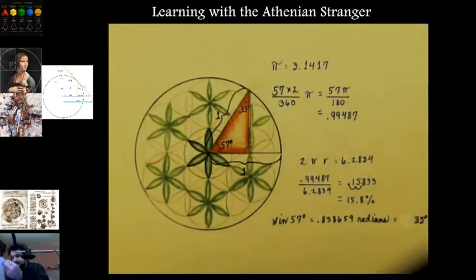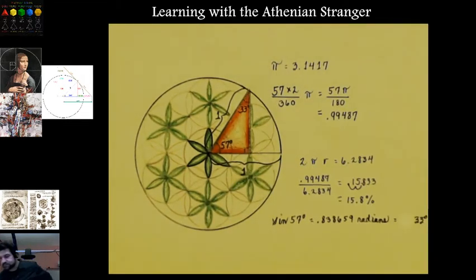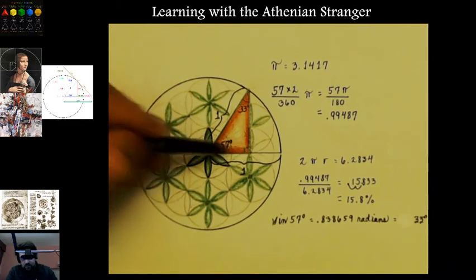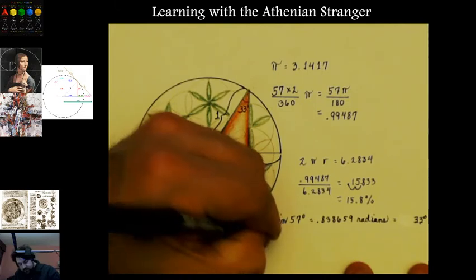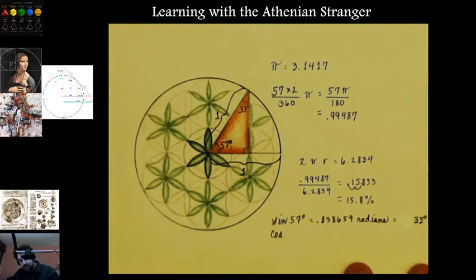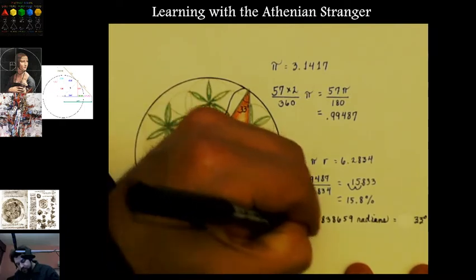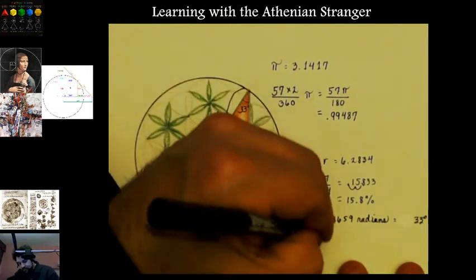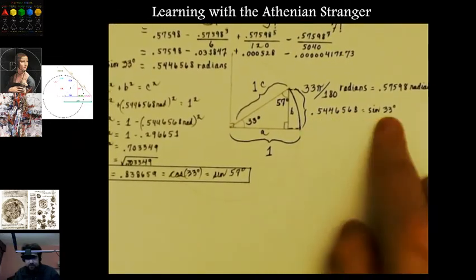Okay, now we need to scale up to our scale factor. I guess we can also write in this distance here, because this is the cosine. Tell them everything we know. The cosine of 57 degrees equals 0.54658 radians. So I'm referring back to this side here.